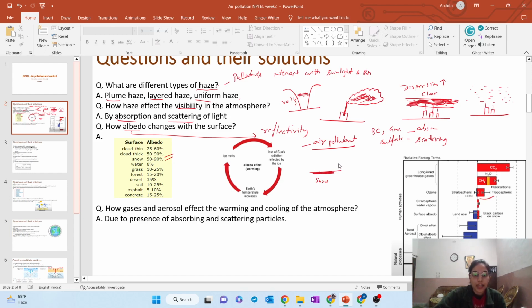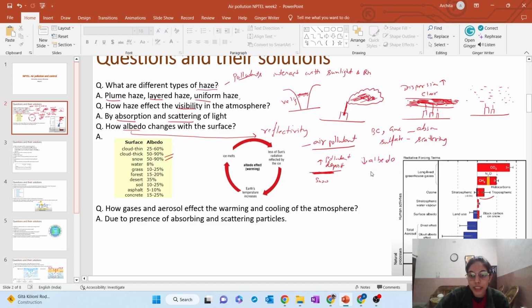With increase in pollutant deposition on the surface of any reflective surface, there is a decrease in the albedo or reflectivity.